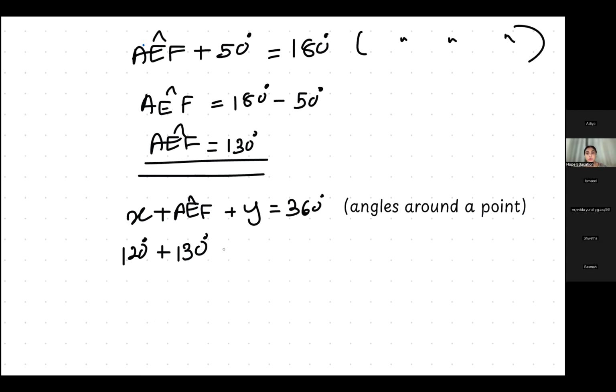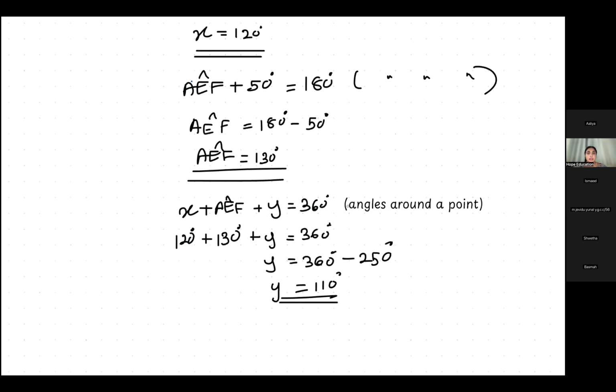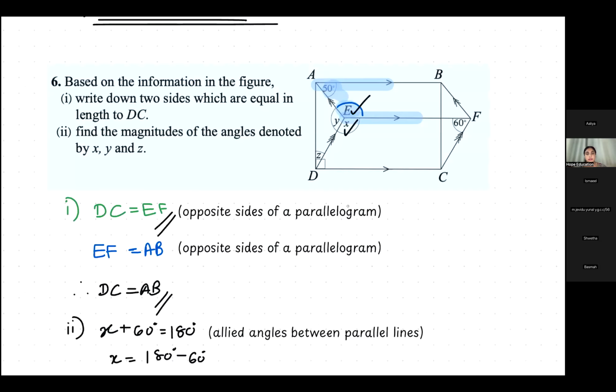And Y we don't know yet. So Y equals 360 minus 120 plus 130, that is 250. So 360 minus 250, that would be 110. So that is the value of Y. Is this clear to all of you? Perfect. Now we have to find Z.